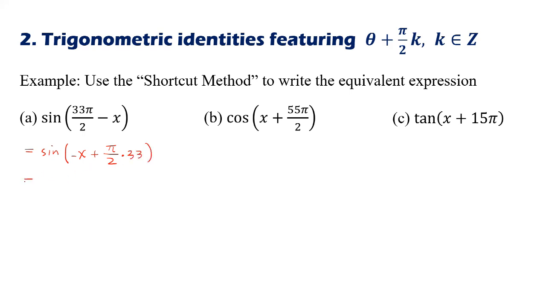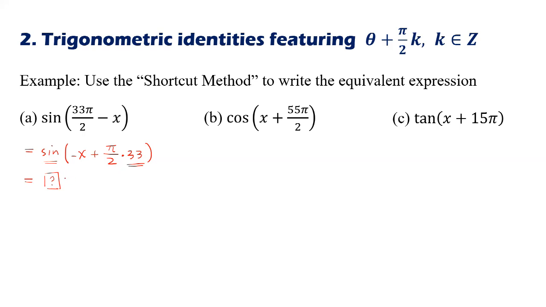And the shortcut method states that if you have negative or positive x here plus a half pi times an integer, this can be rewritten as, first of all, positive or negative, right? And then followed by a new trigonometric ratio name, which is determined by looking at the number here. If the number here is an odd number, you should change the function here to the co-function, right?